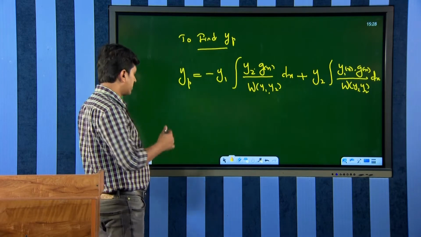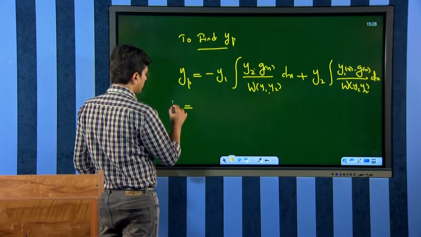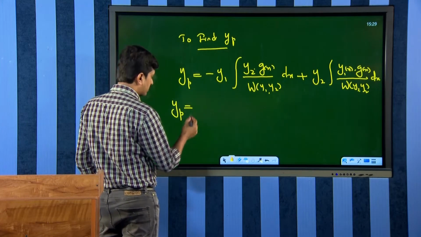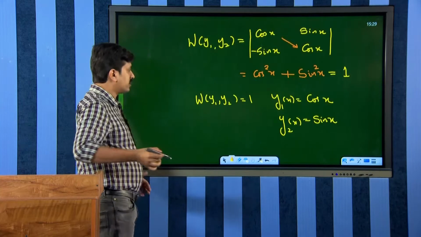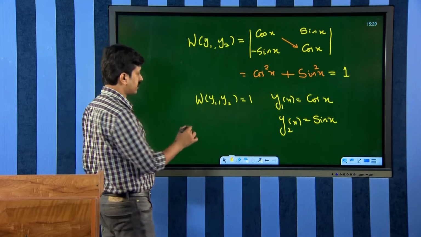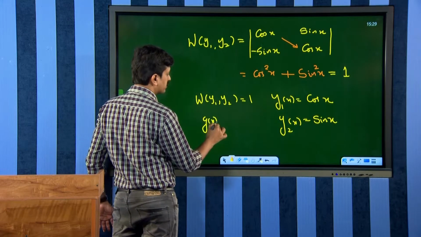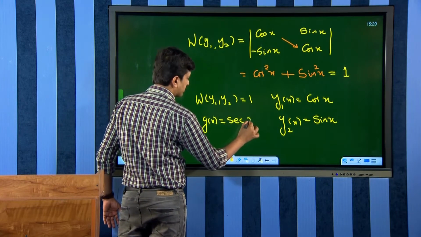So yp is equal to minus y1, where y1 is cos x and y2 is sin x, and g of x is equal to sec x.